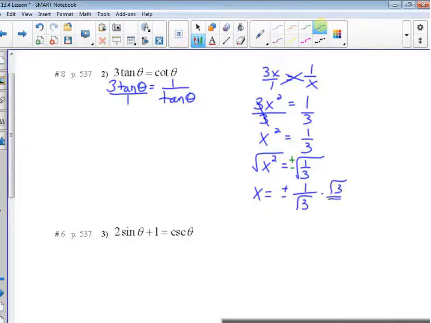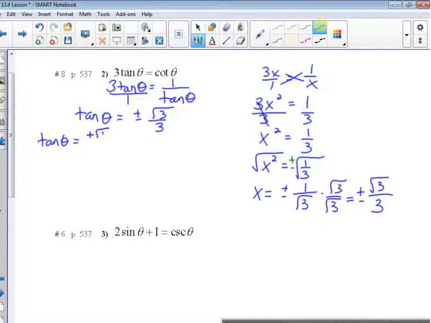But rationalizing that, it's really plus or minus radical 3 over 3. So I'm really solving tan theta equals plus or minus radical 3 over 3. So I'm doing tan theta equals positive, and I'm doing tan theta equals negative radical 3 over 3.